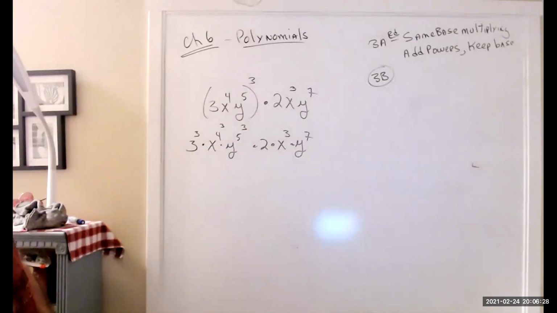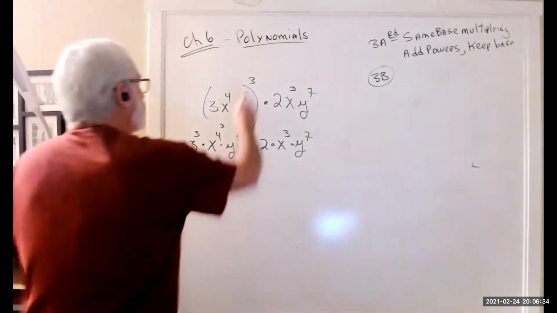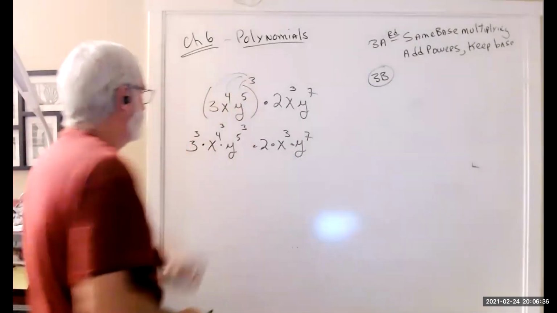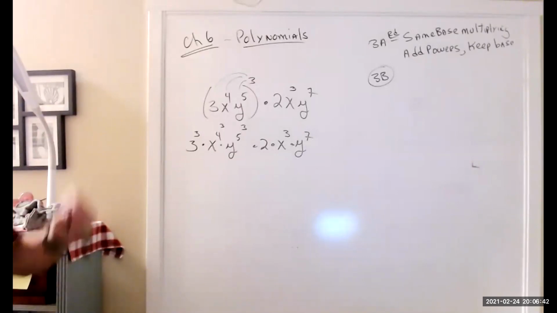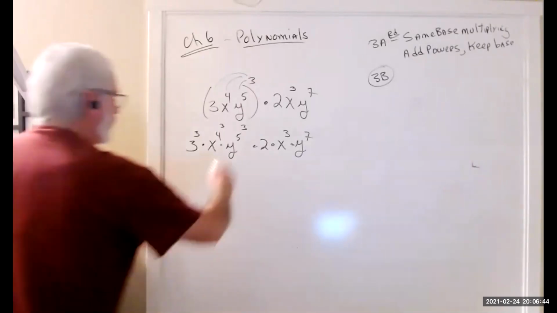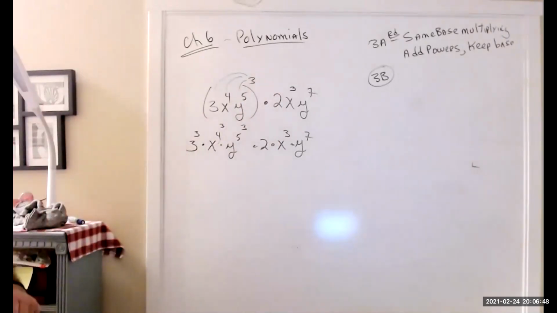Okay, step number 1, distribute to get rid of the parentheses. Next step, look for a power raised to a power. Right there and right there. That's a power raised to a power.